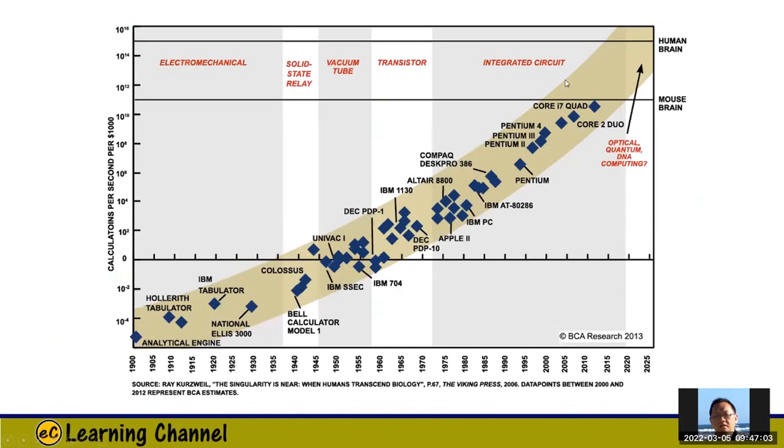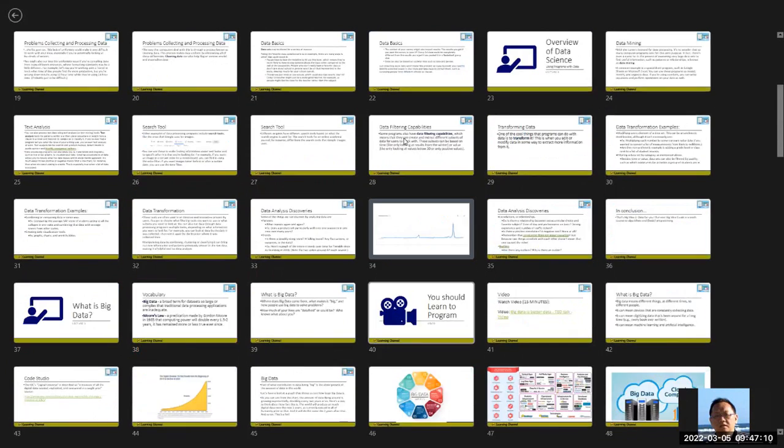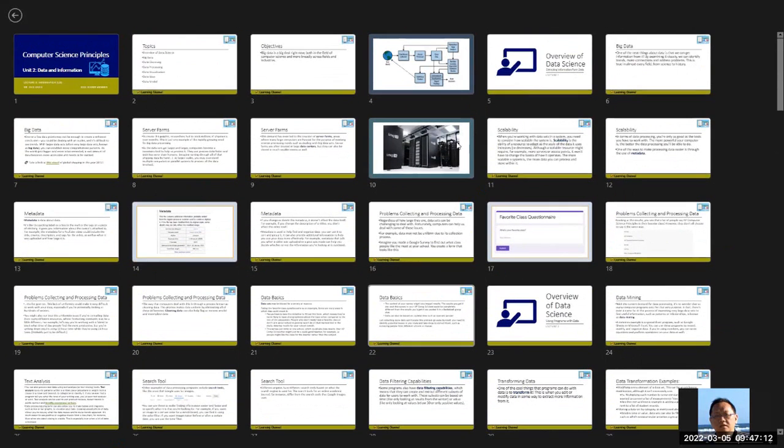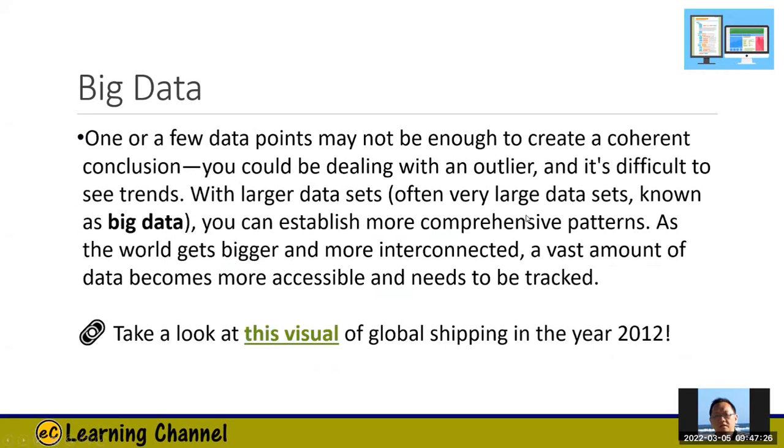Every 2 years, the performance doubles. That's the kind of trend we study. We try to find a trend and use the trend to make predictions, make corrections, and address the problem. That's the so-called data science.